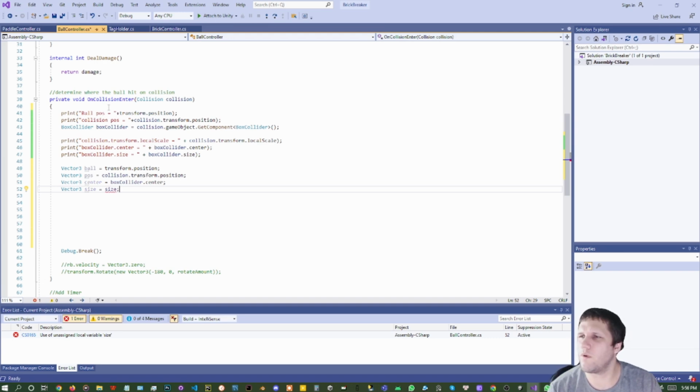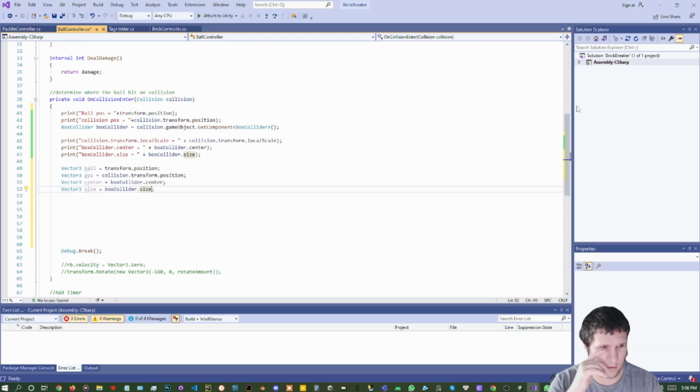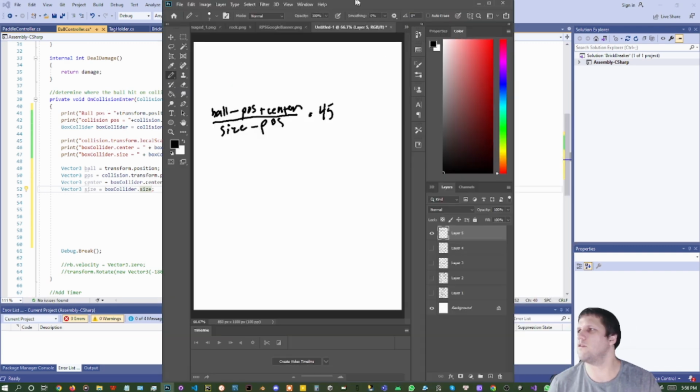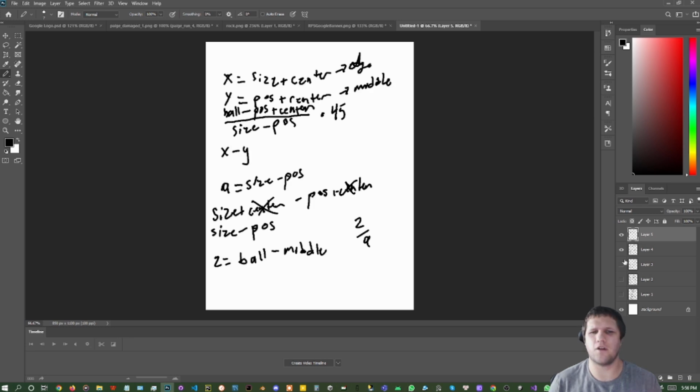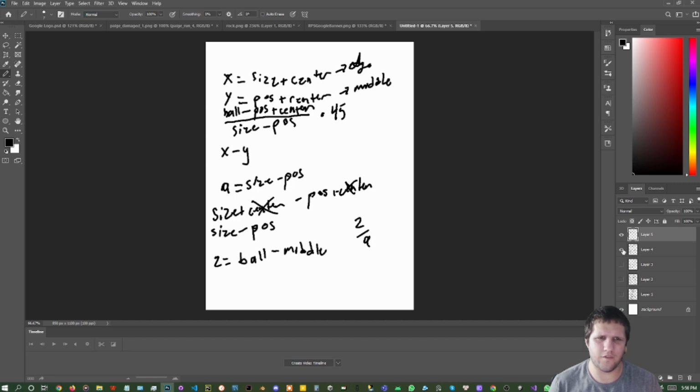We also want the scale. Yes, how are we using the scale with this? We forgot to talk about that. So the scale would affect the size. It would not affect the position, but it would affect the size.